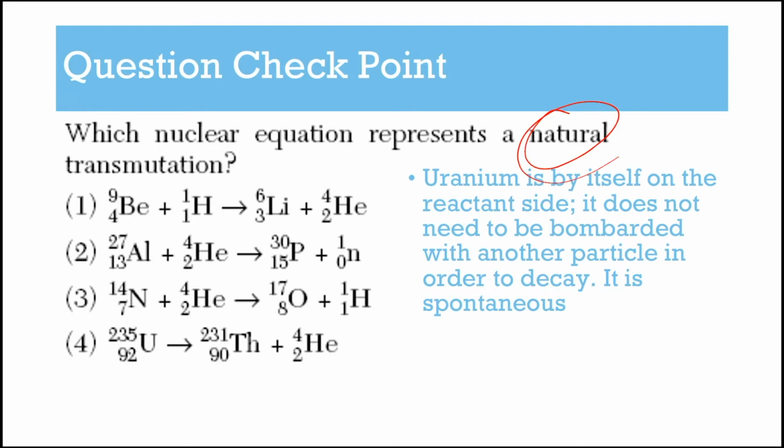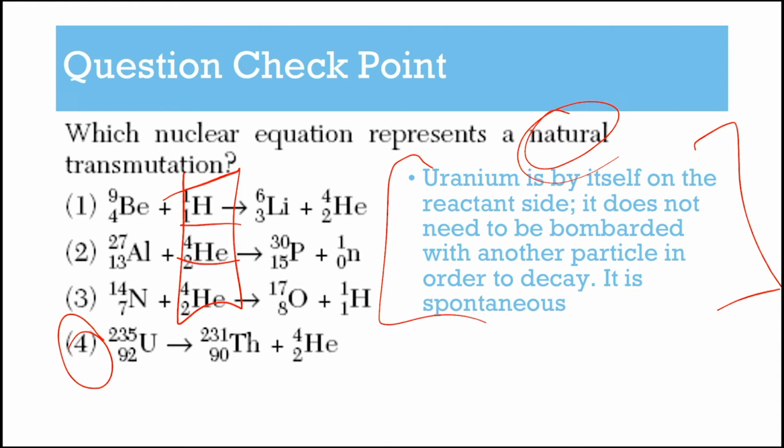The answer for this one is answer choice four, uranium, because uranium is the only element that is the reactant, and it's turning into something else later on. In order for something to be spontaneous, there really should only be one reactant. All these other particles were inserted into the equation, and a forced collision happened to make those other things happen.